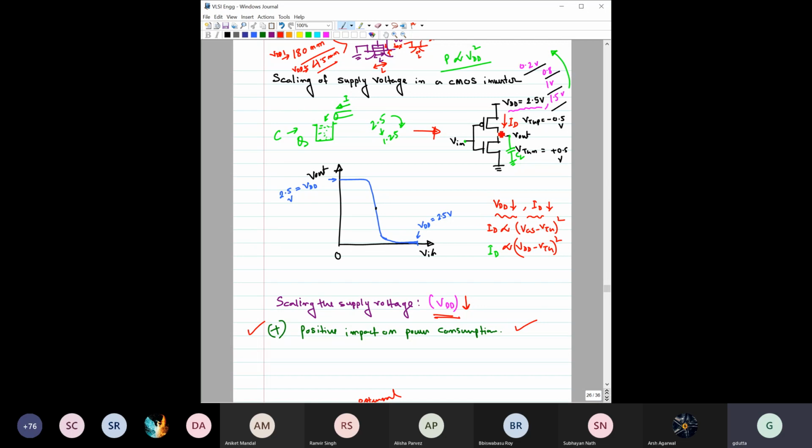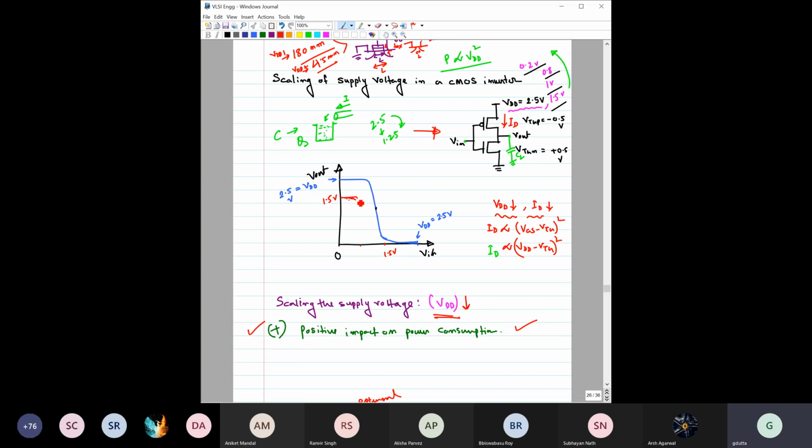This inverter will work as it is, and you will get a VTC for 1.5, which is like this. If this is 2.5, and this is 1.5 volt, and this is 0.75 volt, then you will get the VTC.